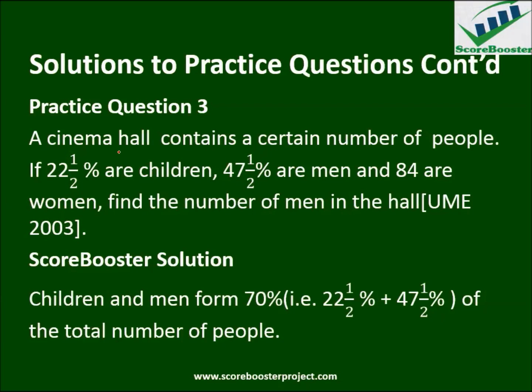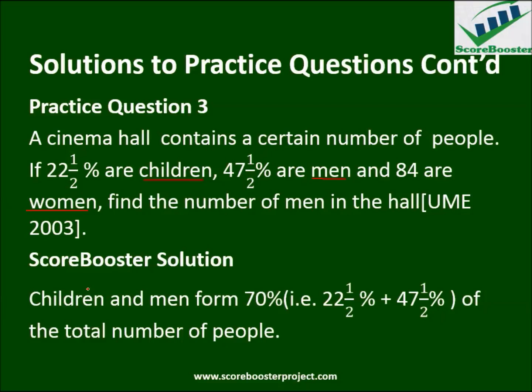So, as given in the question, the hall contains three categories of people, which are children, men, and women. So the percentage of children plus the percentage of men plus the percentage of women will give 100% of the people in the hall.